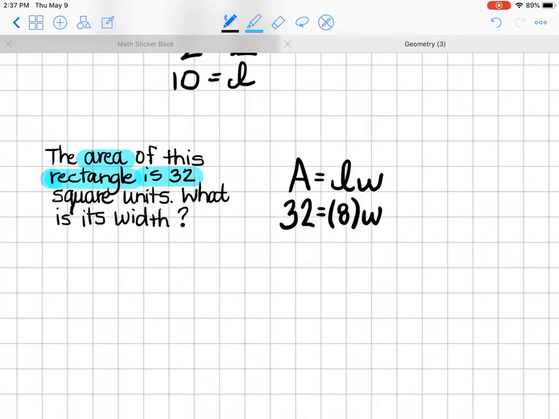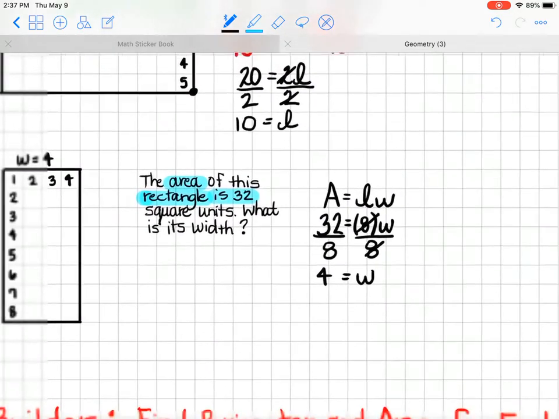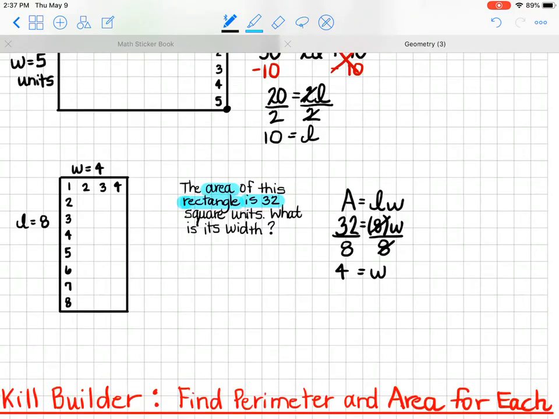So to do this one, you need to divide both sides by 8. This is where your algebra comes in. And so width is 4. Using the algebra method, we confirm what we already knew, that the width is 4.